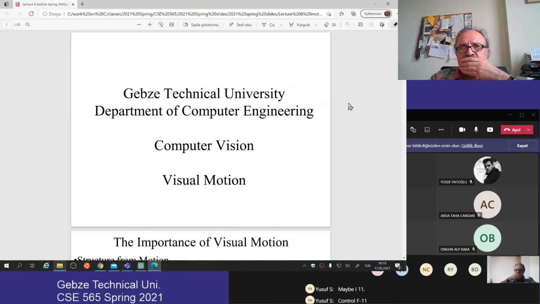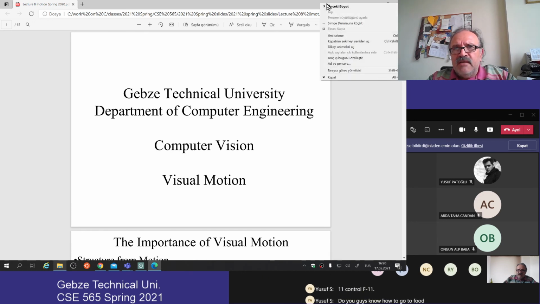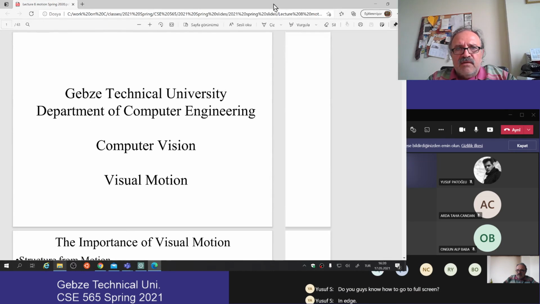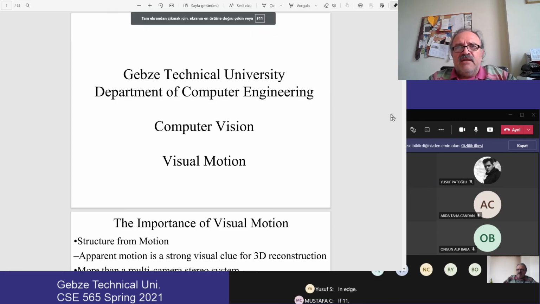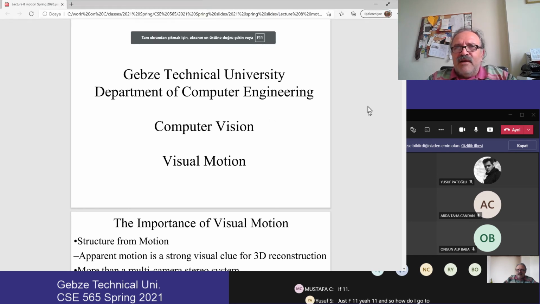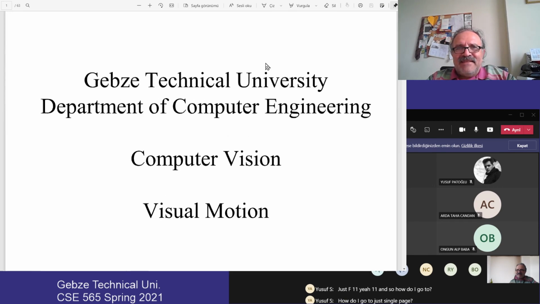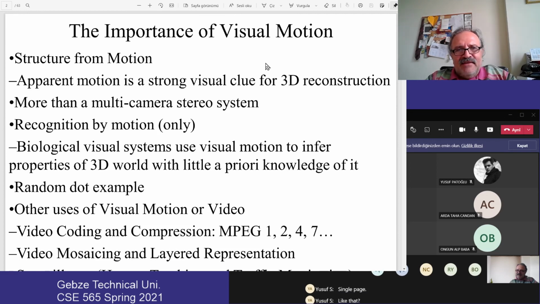How do I get to the full screen? Shift F11, Control F11. Do you guys know how to go to full screen in Edge? F11. Just F11? Yeah, just F11. And so how do I go to just single page? Single page like that. Okay, good. So it works.